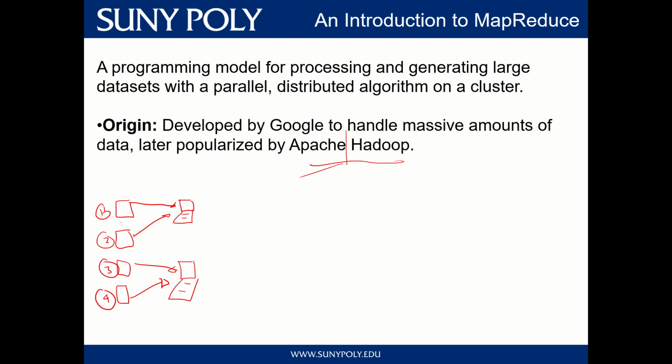And then we start mapping. That's the first part of the MapReduce process. In the mapping, remember, we want to count the words. Let's say that we're focusing only on two words: cat and dog.